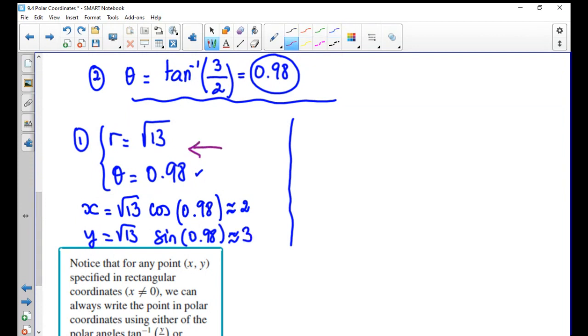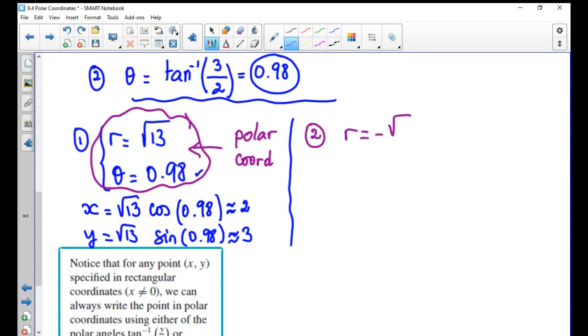So this is one way of writing the polar coordinates, these two things, r and theta. But this is not the only way. What is the other option we have? r will be negative square root of 13, but this time theta will be 0.98 plus pi, plus 3.14, that means 4.12.